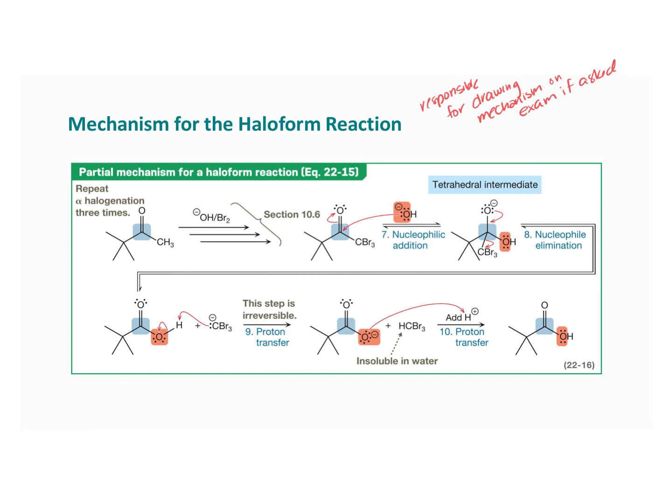Now, in steps 1 through 6 of this mechanism, the 3 alpha hydrogens on the methyl group are replaced by bromine atoms by the alpha halogenation mechanism that we talked about in section 10.6. And so you should be able to do this. So go back to your notes from section 10.6 and work through the first 6 steps, okay? And then have that checked.